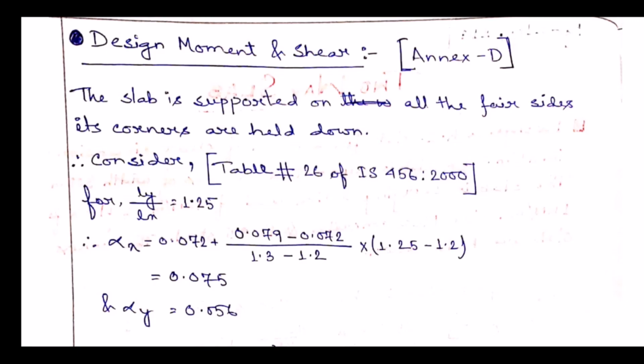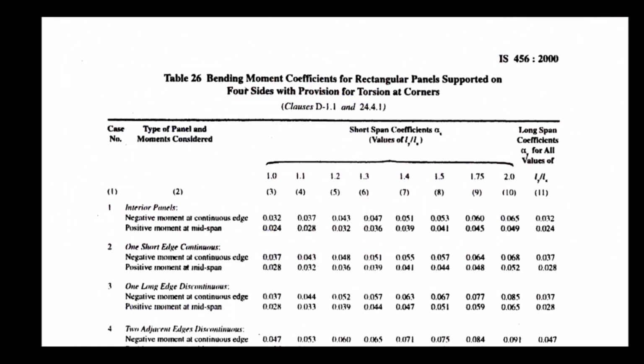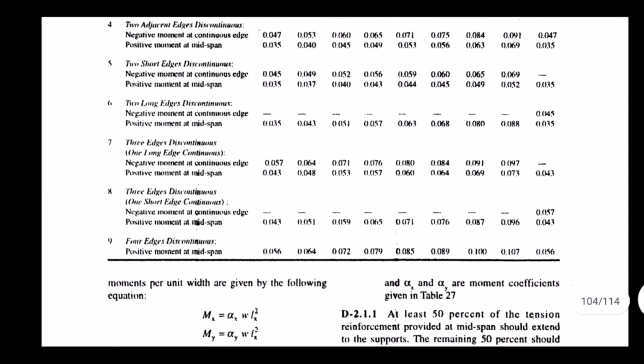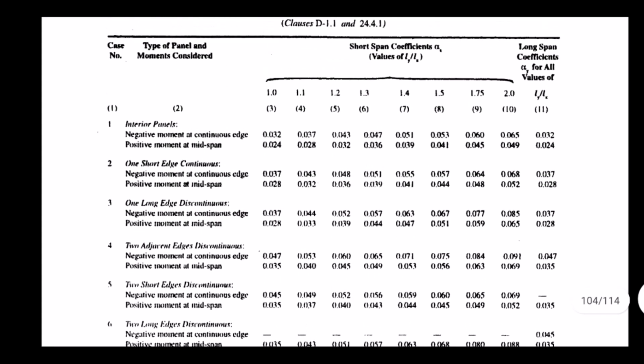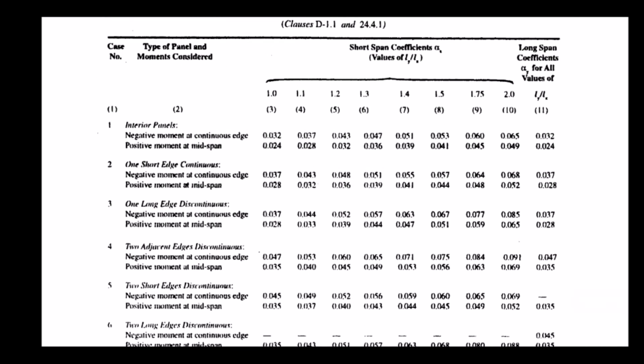So let's check first from Table number 26. Now look at Table number 26, the support condition is number 9, 4 edges discontinuous. So our value for Ly by Lx is 1.25. Now look, 1.25 is not given in this table, but 1, 1.1, 1.2, 1.3, 1.4 are given. So 1.25 lies between 1.2 and 1.3, that is column numbers 5 and 6.